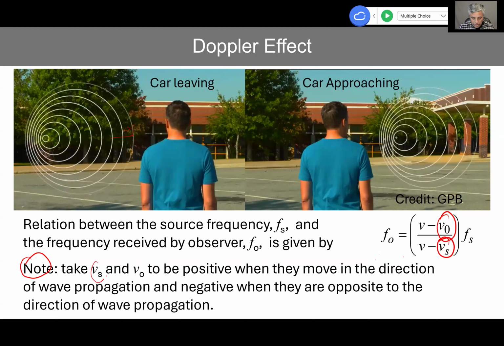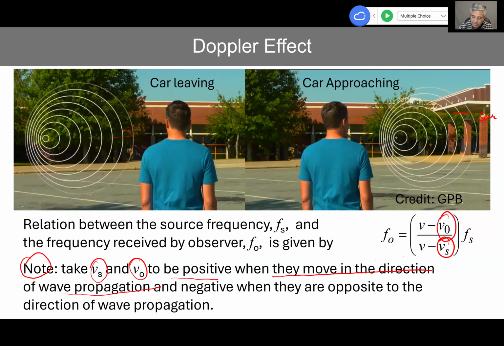Either the source or the observer, take that as positive when they are moving in the direction of the wave propagation, right? So for example, in this case, the source is somewhere here that's not visible.